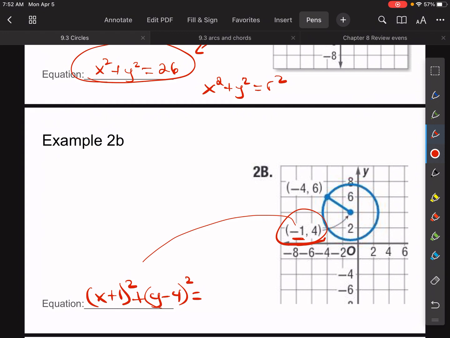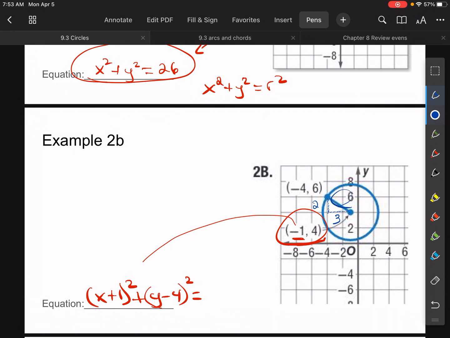So we can find the radius. This distance right here, it looks like that distance would be 2. And then this distance right here goes in the x direction from negative 1 to negative 4, so that's a distance of 3. So notice that's a 2, 3 triangle.